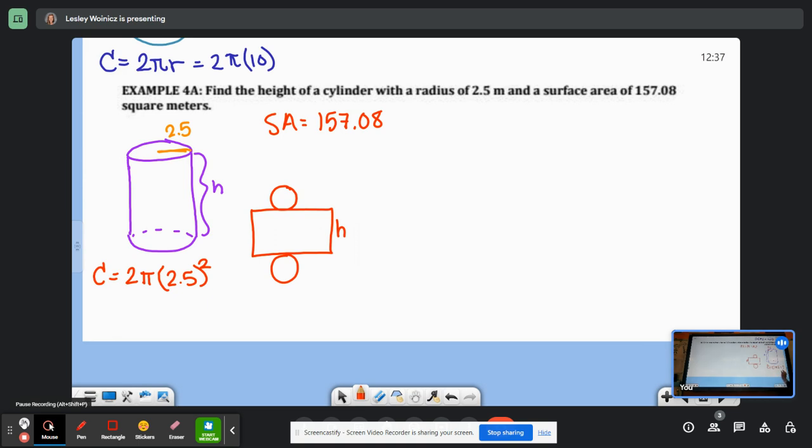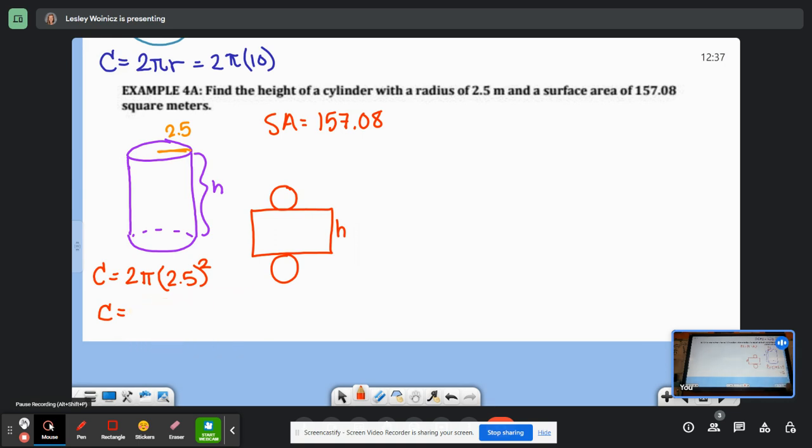What do you get for that? Just what's 2.5 squared times 2, and we'll leave it in terms of pi for now. I want the pi still in it.